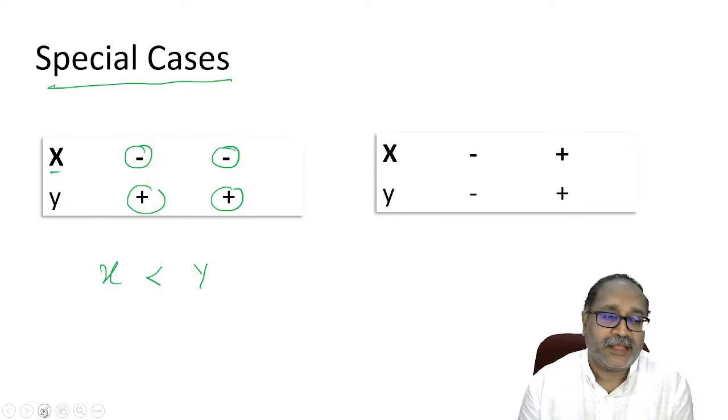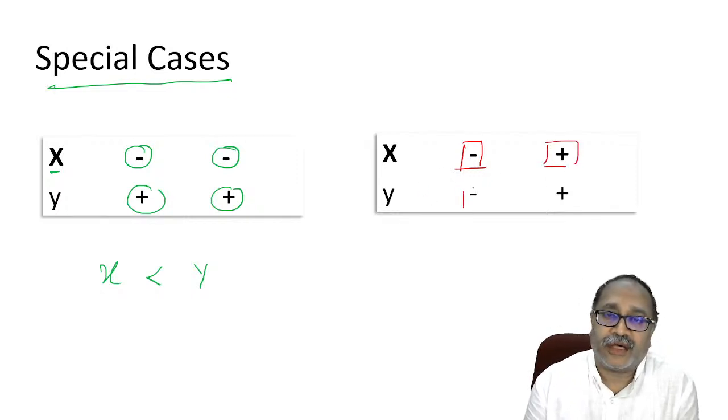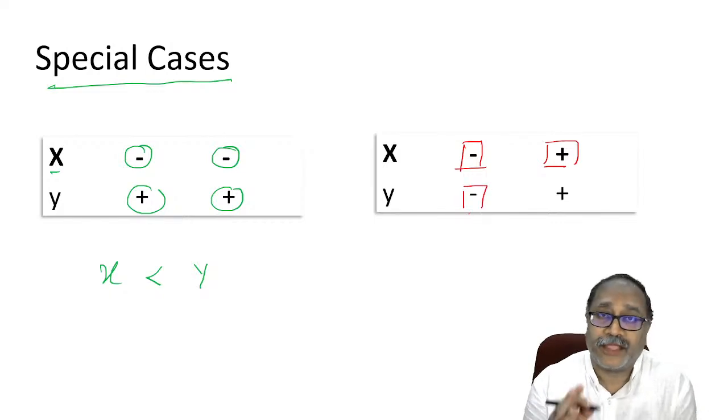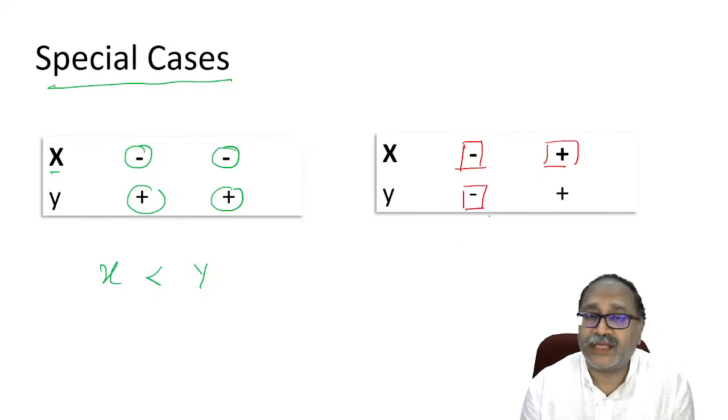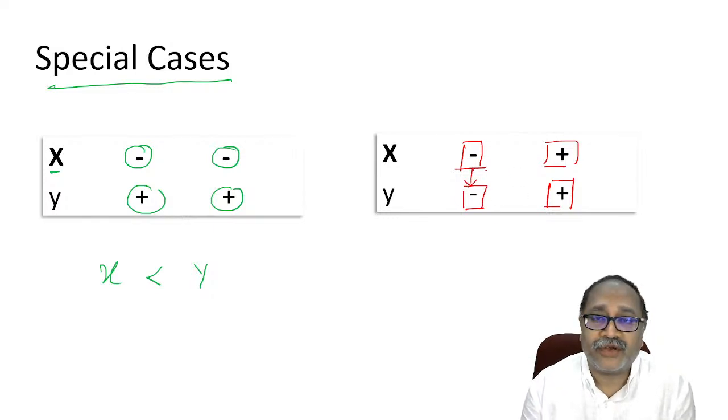Similarly, sometimes one value of x is plus and the other minus, and one value of y is minus and the other plus. When you compare these, I do not know the result. But when you compare this one, x is negative and y is positive, therefore x is less than y.